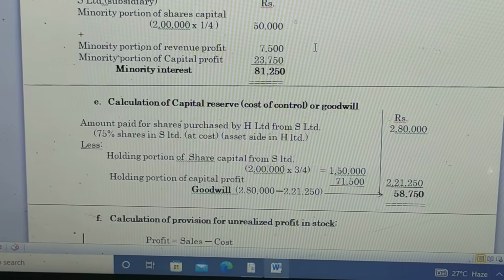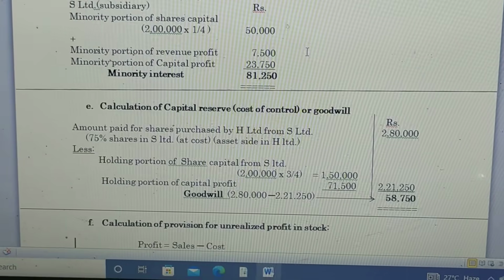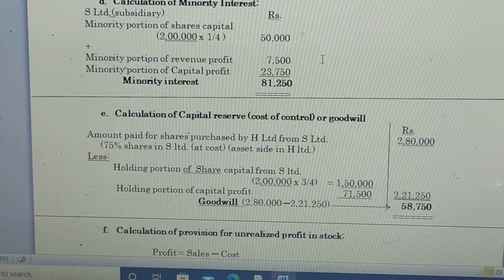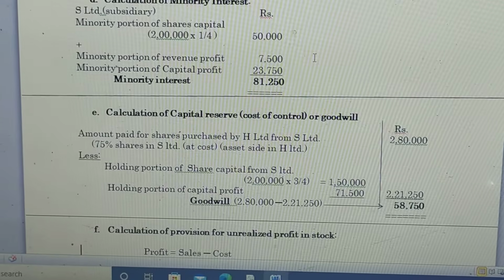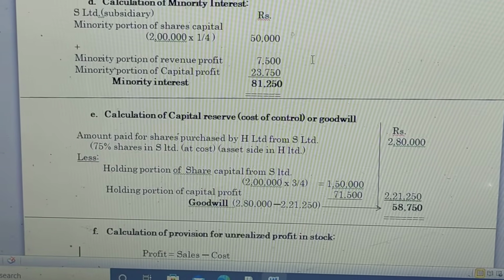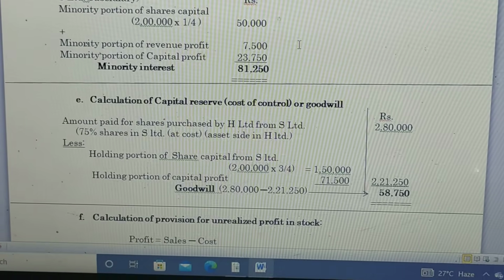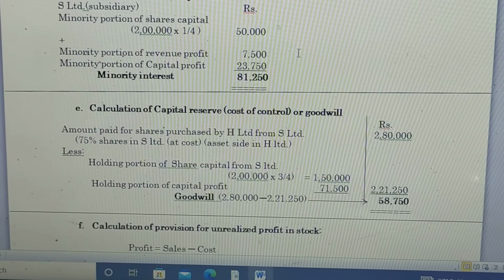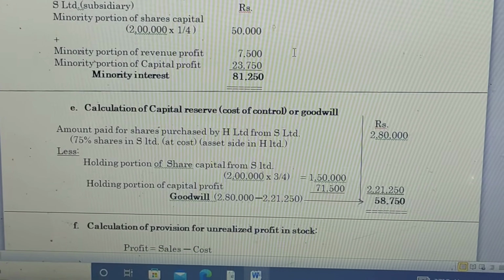The total share capital of S Limited is 2 lakhs. The holding portion is only 3 by 4. So 2 lakhs multiplied by 3 by 4 is 1,50,000. Then holding portion of capital profit is 71,250. We have to add this amount. It means 1,50,000 plus 71,250. Then we get the total of 2,21,250. That will be deducted from the above amount.